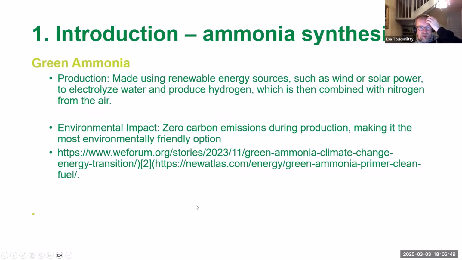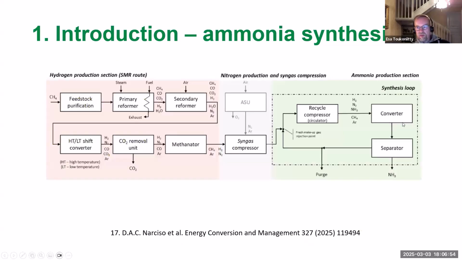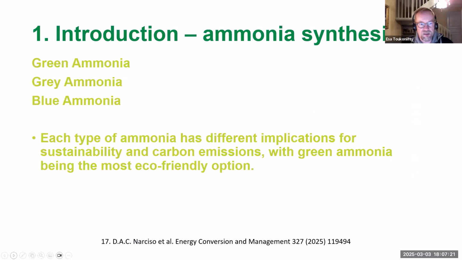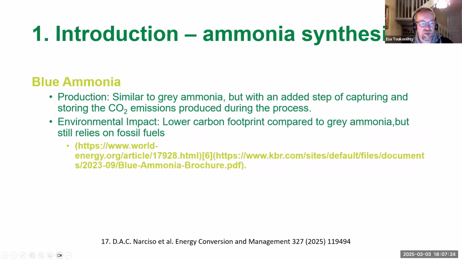The chemistry is very much the same. So basically what happens in this synthesis loop in the converter is the same. It's just the way the hydrogen is produced, and the way the generated carbon dioxide is being captured or not being released in the atmosphere. So that's the biggest difference in these three different approaches.